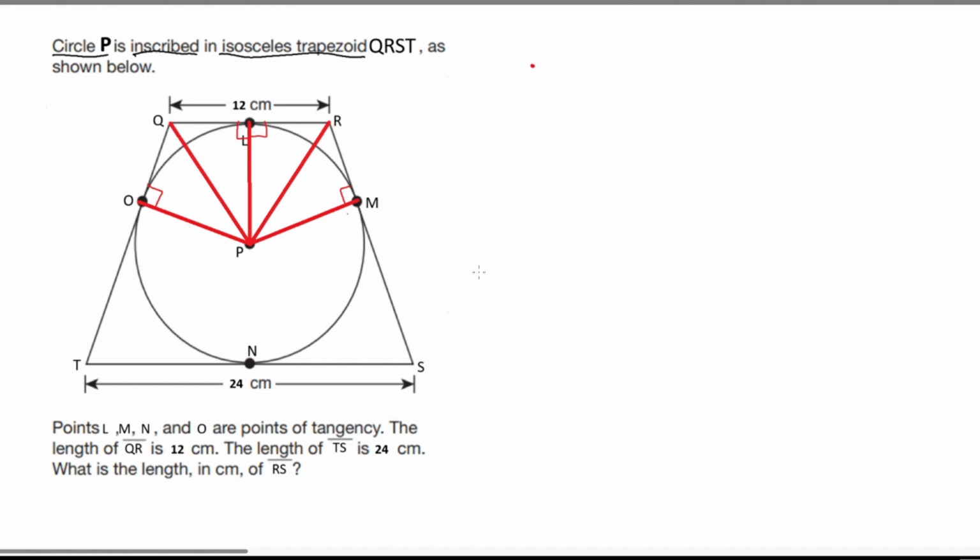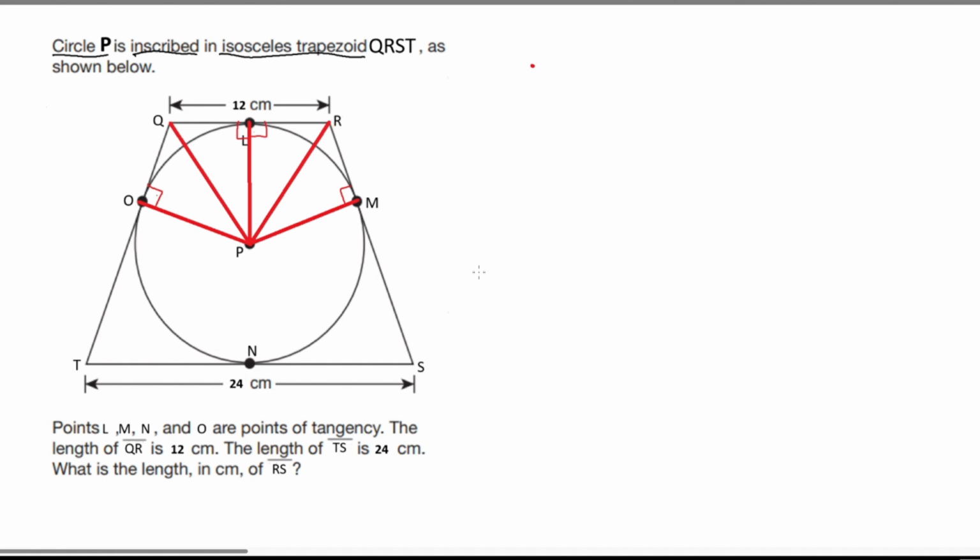Now we can probably find out if these are congruent or not, and from there we can find out if LR is congruent to MR or not, and the same with OQ and LQ. So first we have a right angle right here in triangle QOP, and the same with QLP. So we're trying to prove that triangle QOP is congruent to triangle QLP.